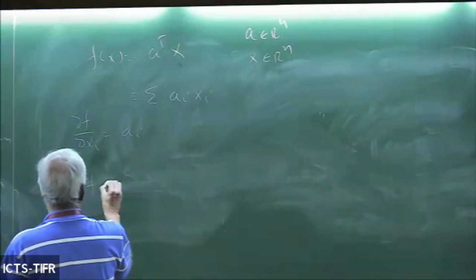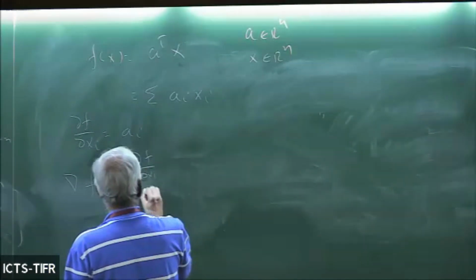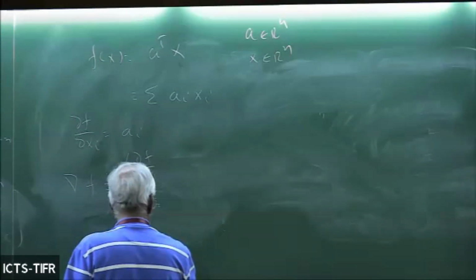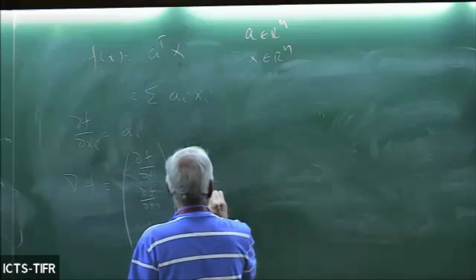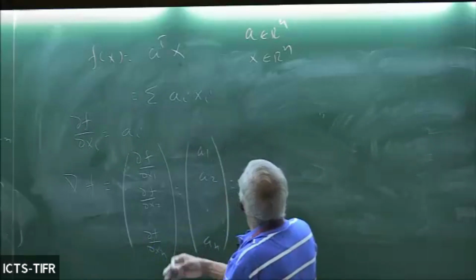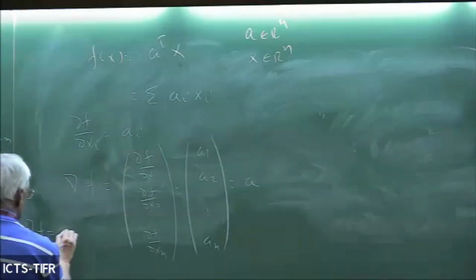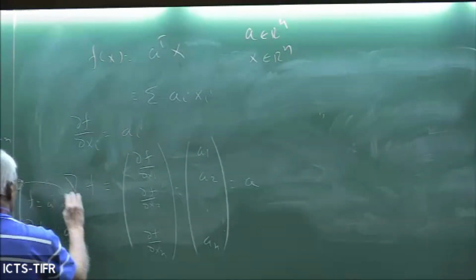The gradient of f is equal to del f by del x1, del f by del x2, up to del f by del xn, which is equal to a1, a2, up to an, which is equal to A. So I got the first formula for multivariate calculus. The gradient of f is equal to A if f is equal to A transpose x.